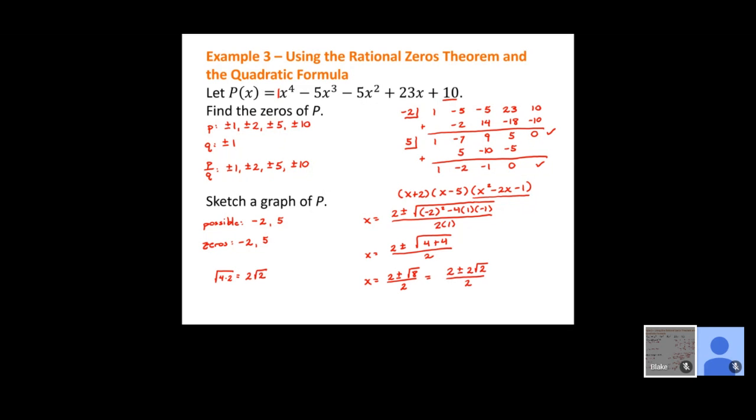But now because we have a common factor of 2 in each of those terms in the numerator, we can actually divide. 2 divided by 2 is 1, plus or minus 2 square root of 2 divided by 2. The 2's are going to cancel and leave us with square root of 2. And so now our other zeros are 1 plus the square root of 2 and 1 minus the square root of 2.